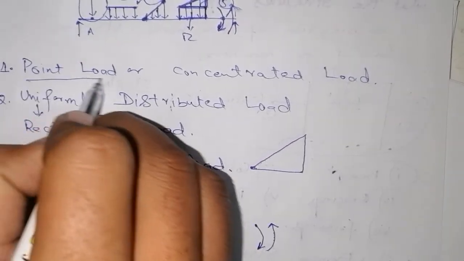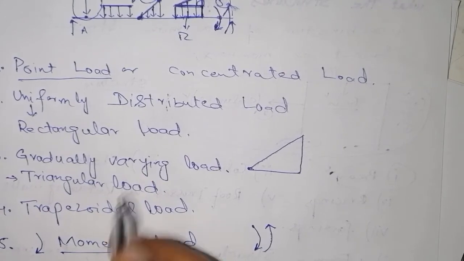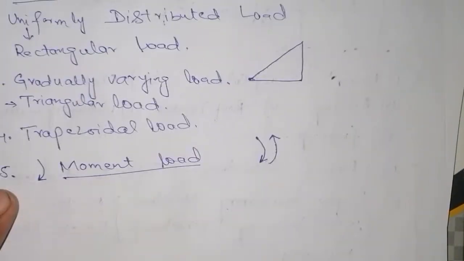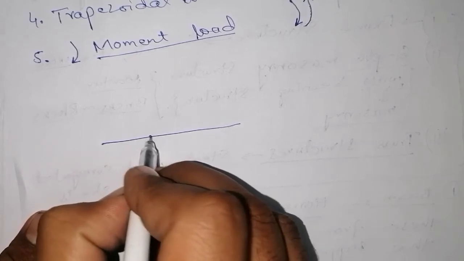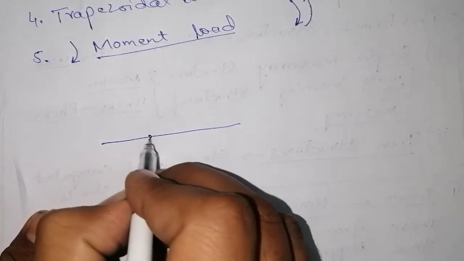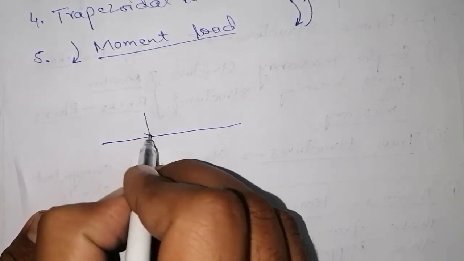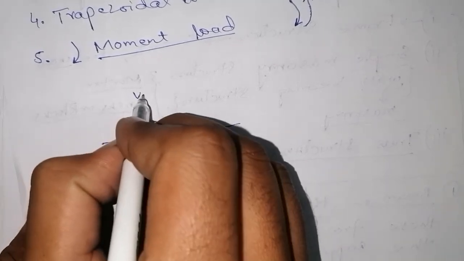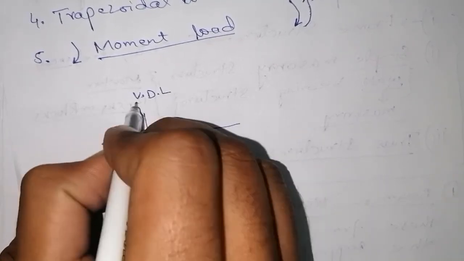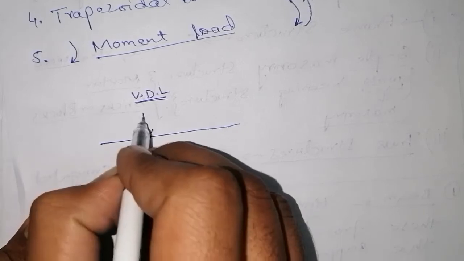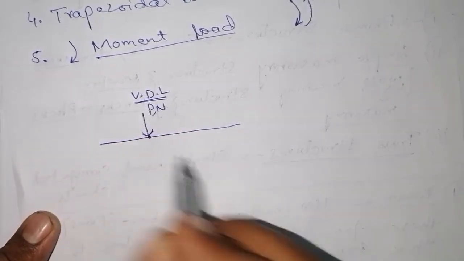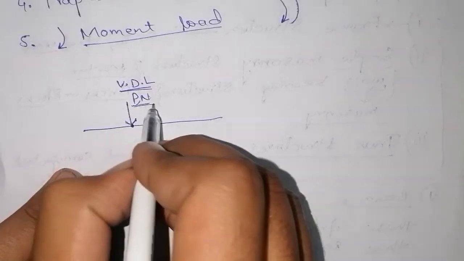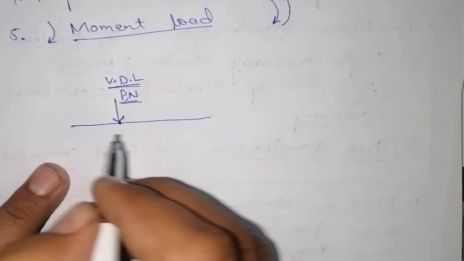For point load we have different directions of the point load. Suppose this is a beam, a load is acting at this point. This is P. This is known as vertical downward load. This is known as P or N. Different textbooks recommend different symbols for the point load.